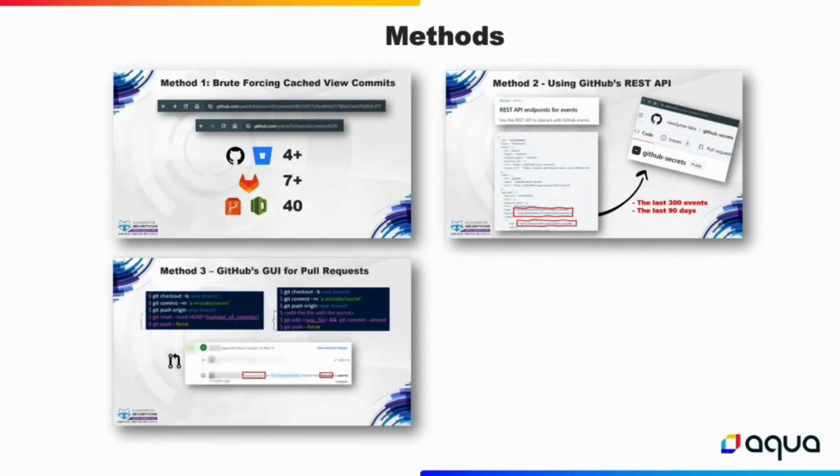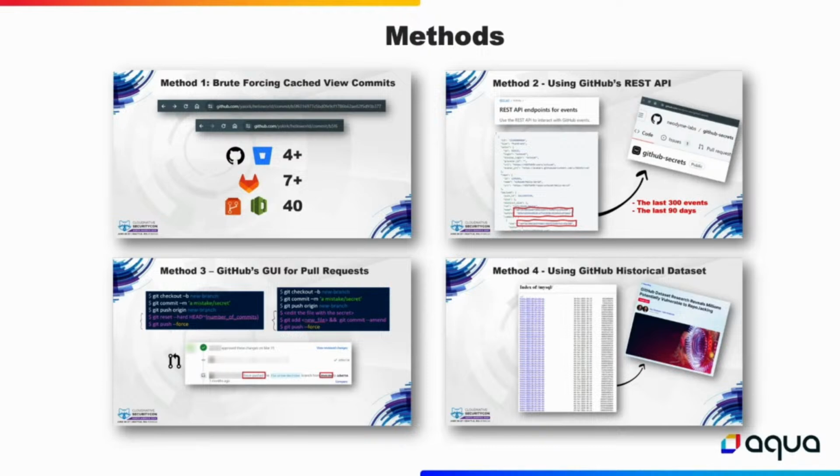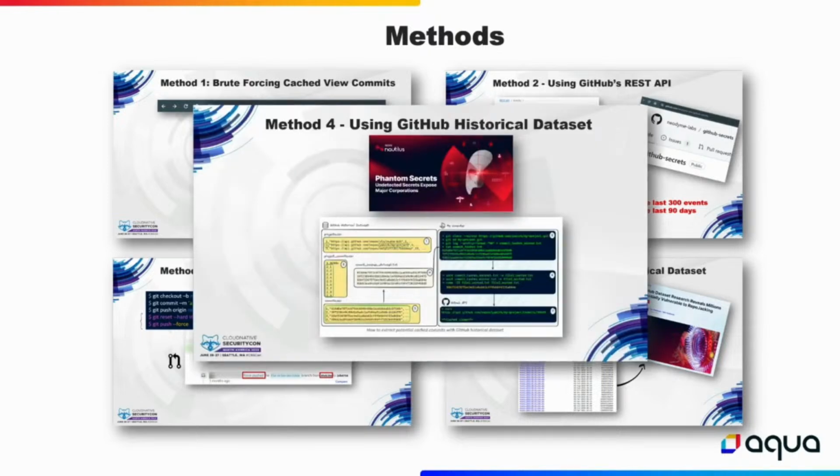And it's also possible to find them via the GUI of GitHub. Our biggest discovery is that there are databases that record every action made on GitHub, making it possible to harvest commit hashes from these databases. You can read our blog for a more technical description about this method and how you can find secrets or commit hashes that belong to your organization.